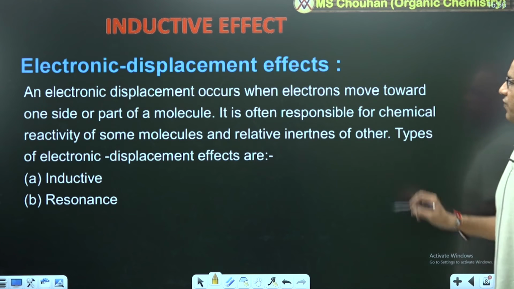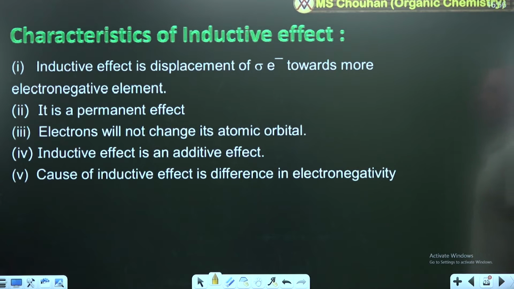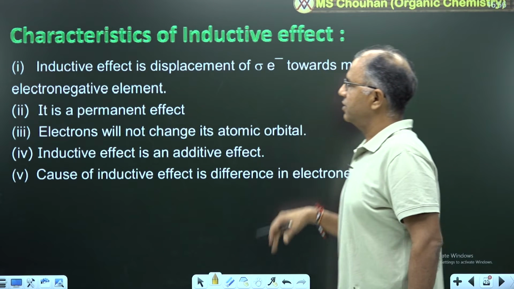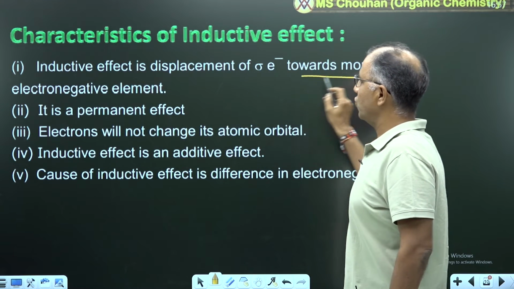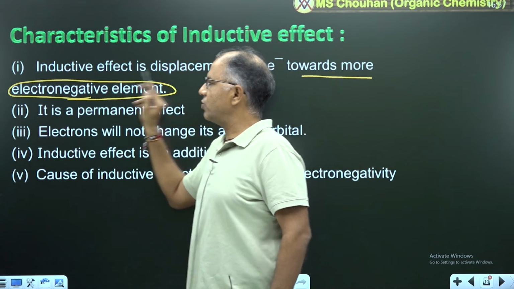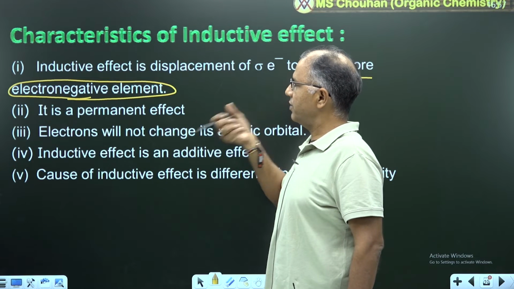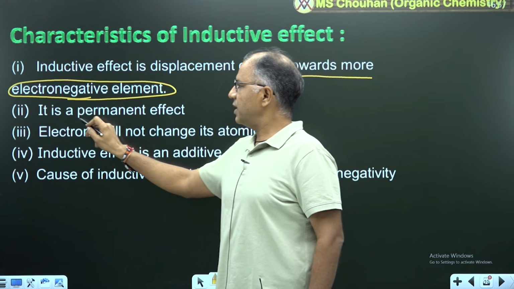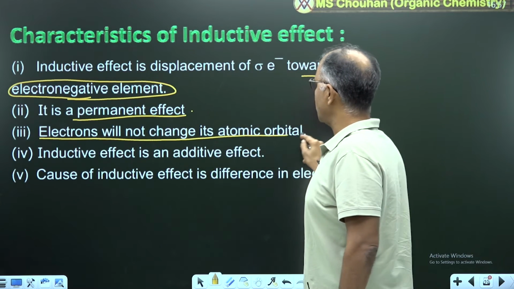It is the definition of inductive effect we already discussed. Just revise the characteristics. The inductive effect is a displacement of sigma electrons toward the more electronegative element. The more electronegative element leads to the inductive effect, minus I effect, meaning more electronegative means more minus I. And it is a permanent effect. The electron will not change its atomic orbital.